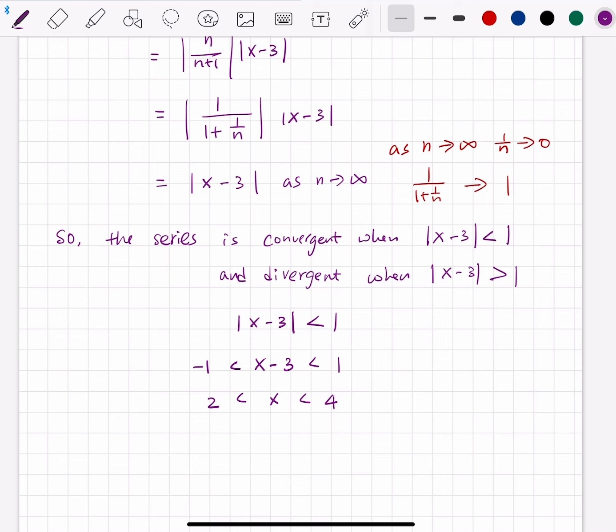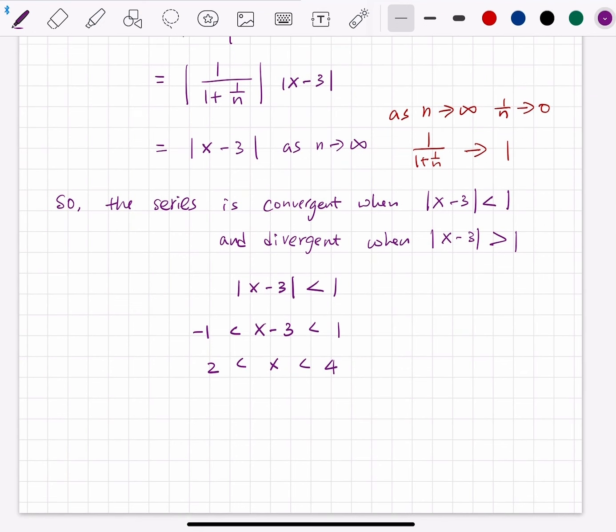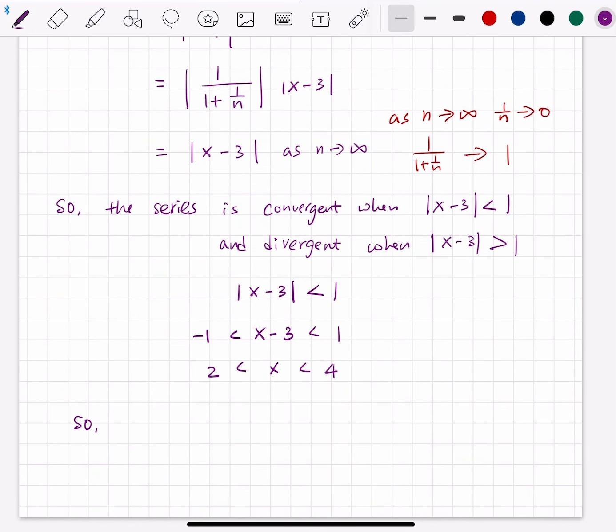And that is going to be our interval for the convergence. So the series converges when x is between 2 and 4.